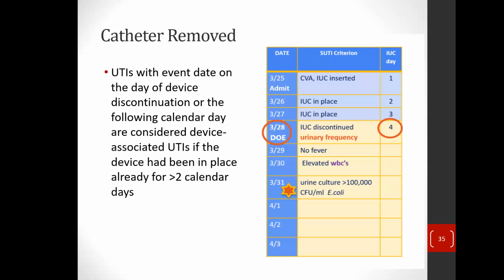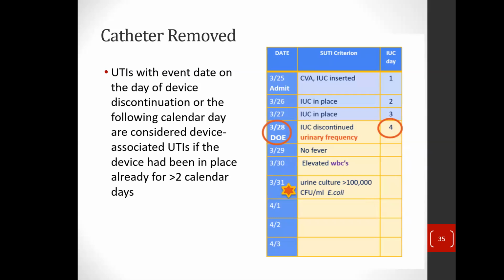A UTI with the event date on the day of discontinuation. So the date of event would be then that date that they complained of the symptom. And that's also the date that the device is discontinued. So that would be considered a catheter-associated UTI.